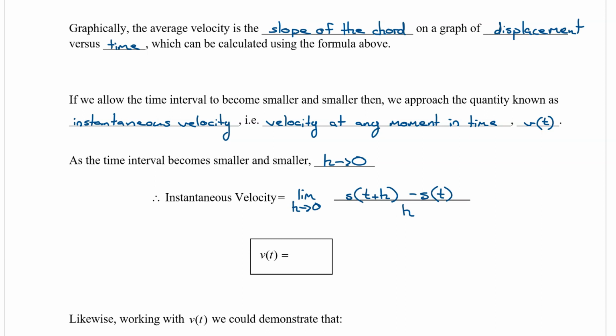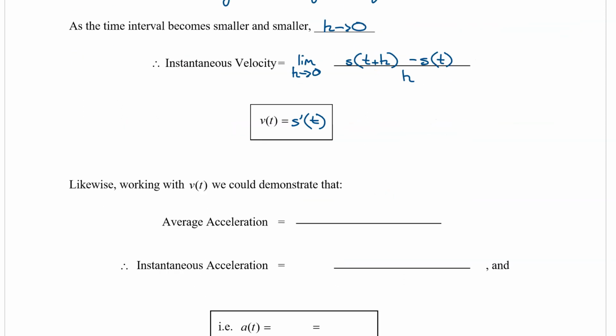Thus, the function defining velocity v of t is said to be simply s dash of t, or the first derivative of the function describing displacement. Graphically, the instantaneous velocity is the slope of the tangent.